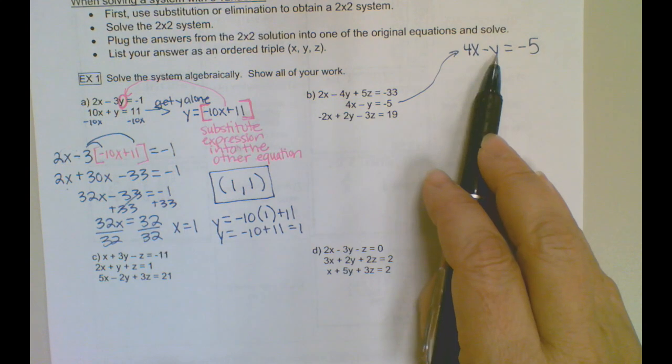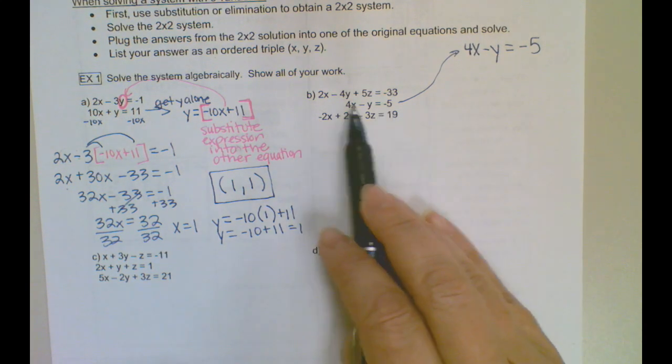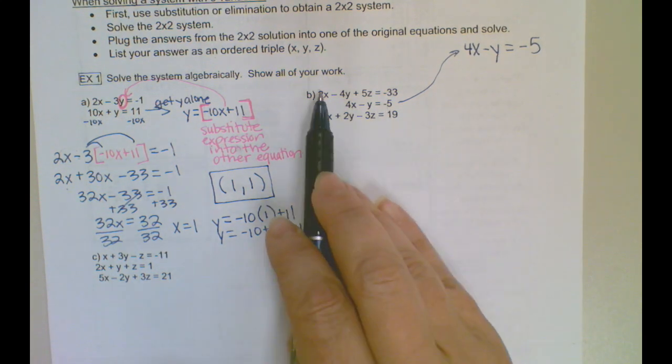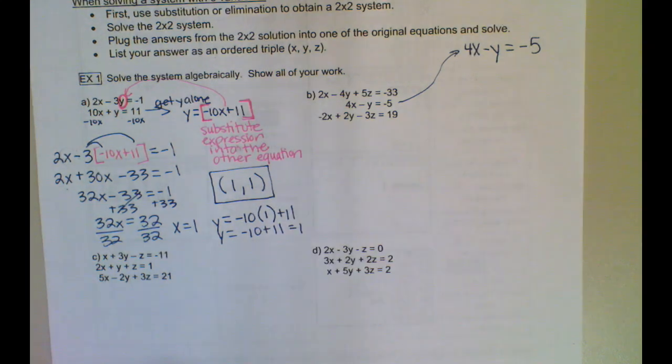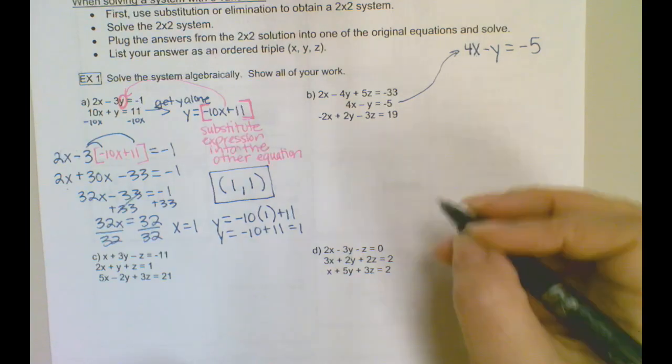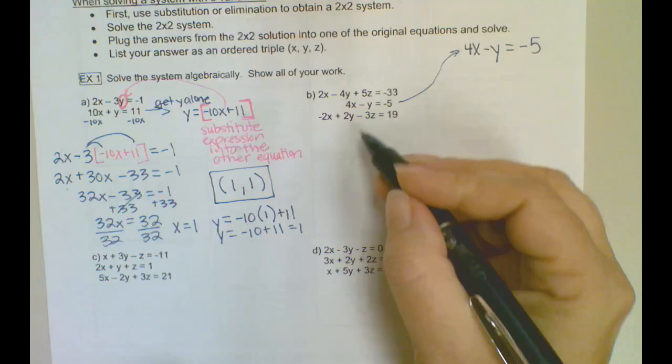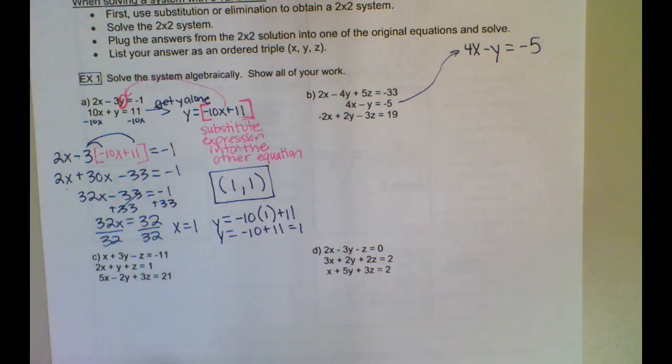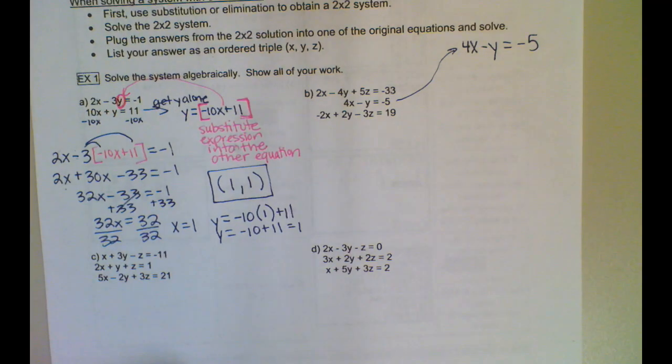So z is already eliminated in the middle equation. So I'm going to pick a pair of equations, equation 1 and equation 3, and I'm going to get rid of z. So I'm just going to recopy them below with them set up to eliminate.